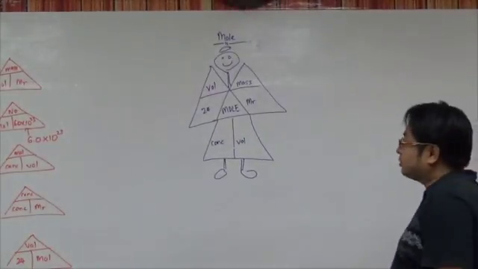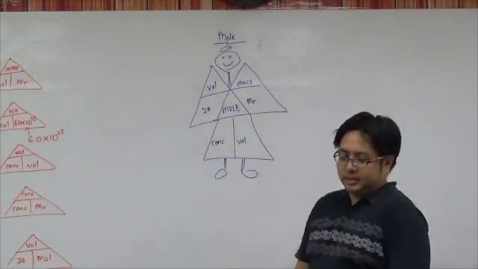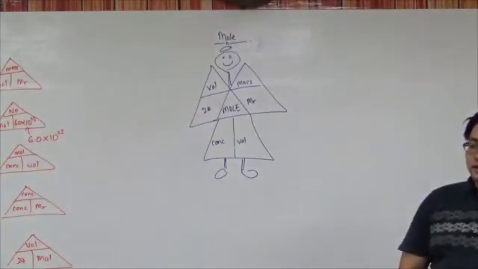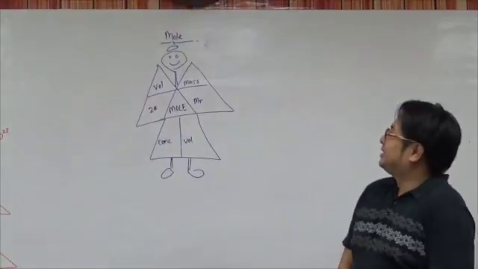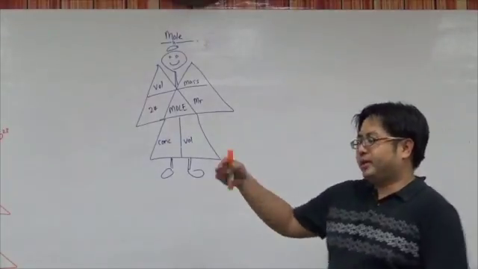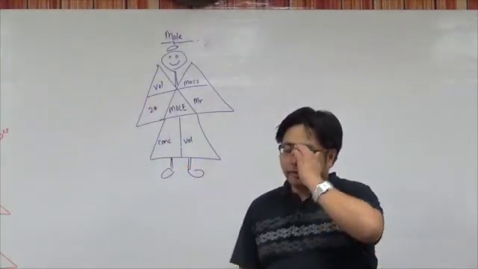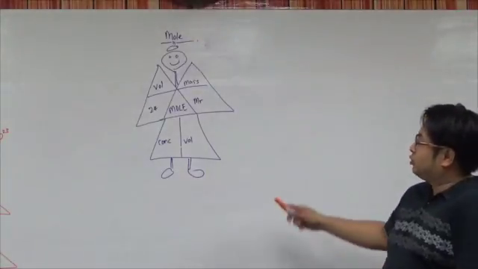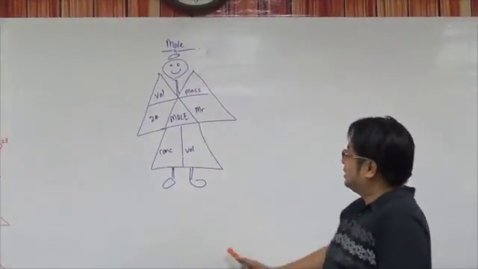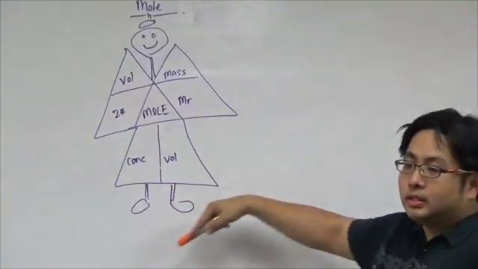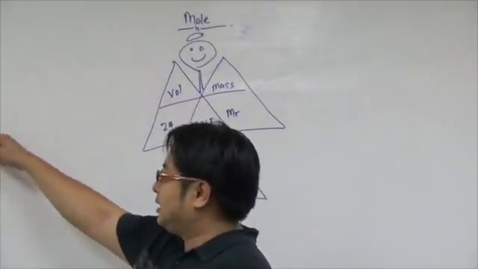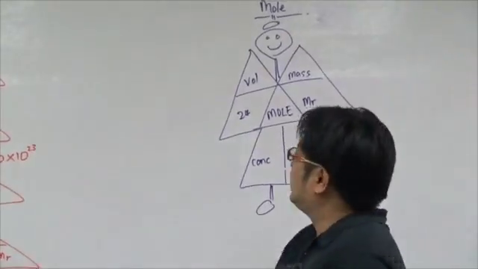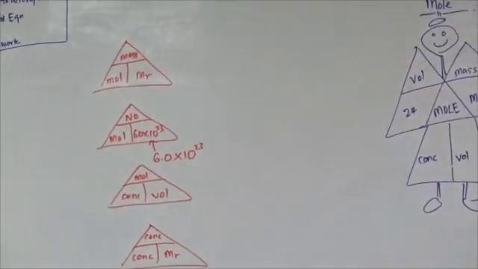Let me just copy down my notes first. Okay. There are two ways you can memorize the formulas. Some prefer to memorize them as just this, alright? Or some prefer to memorize the individual formulas.